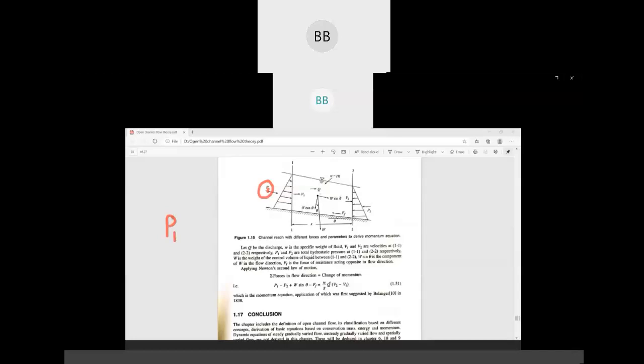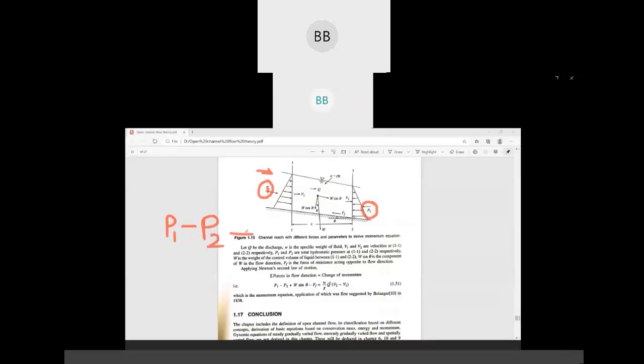So first is P1. It is in this direction. Our flow direction is this, and P1 is in the same direction. That is why we have taken positive. Next, if you consider pressure at section 2, it is in opposite direction. That is why we will be having negative P2.